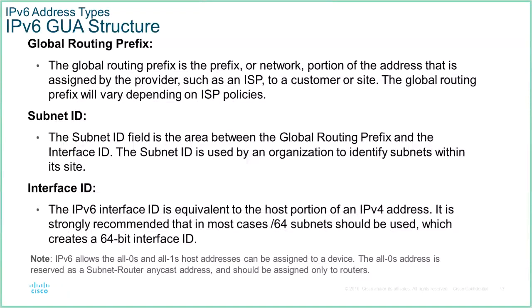Okay, IPv6 GUA structure: global routing prefix, then subnet ID, and then interface ID. So pretty much like we would do with V4, we start with the original network, break it up into subnets, and then have a host ID at the end.